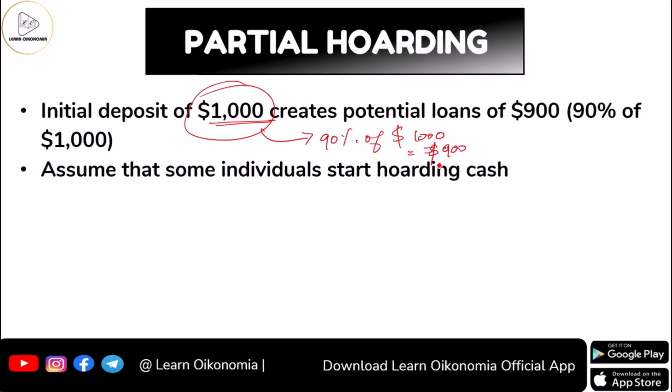So this much would be lent to the public. Lending here would be $900. The reserve should be only 10%, which is equal to $100. Here we just assume that all people are depositing in the bank.